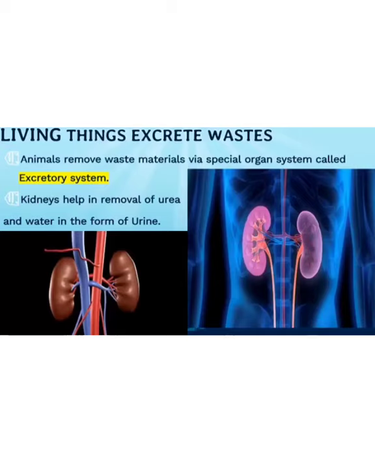The animals give out urea, unwanted water, and other salts in the form of urine. Kidneys help in removal of urea and water in the form of urine. Kidneys and other organs together form a special organ system called the excretory system.